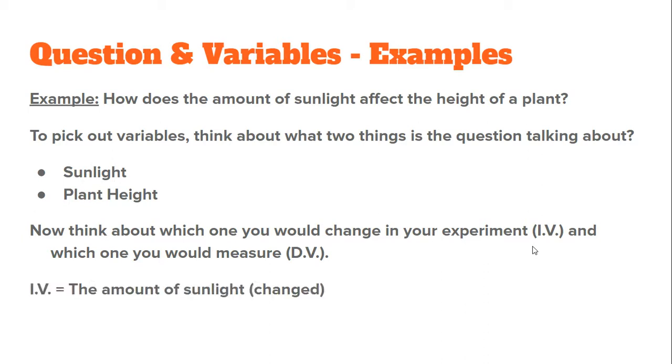The independent variable in this example is the amount of sunlight. That's what you would change or manipulate about each one of these tests. What you would measure, or what would respond to the amount of sunlight, or what would depend on the amount of sunlight, would be the plant height.